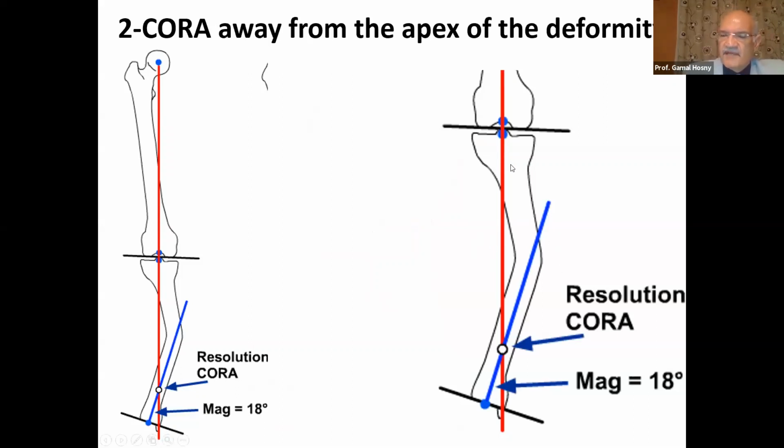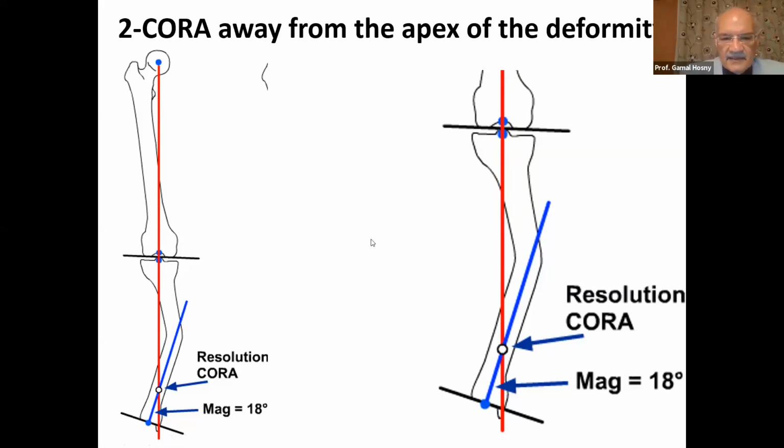But if you draw the mechanical axis of the proximal segment and the mechanical axis of the distal segment, they are going to meet here. The CORA is far away from the apparent CORA. That means we have another CORA. It's not only one. We have two CORAs.